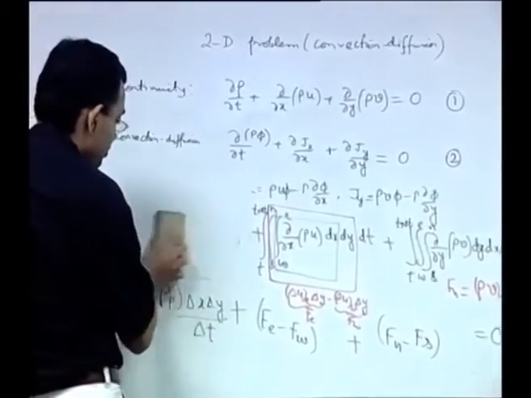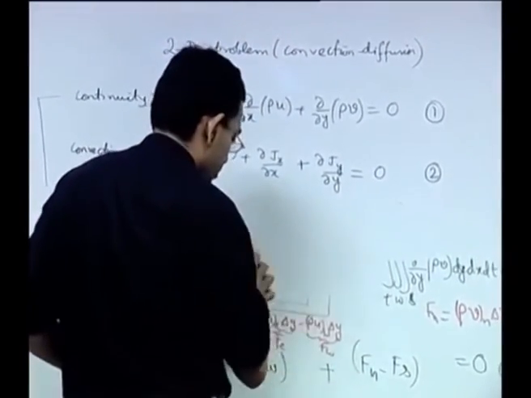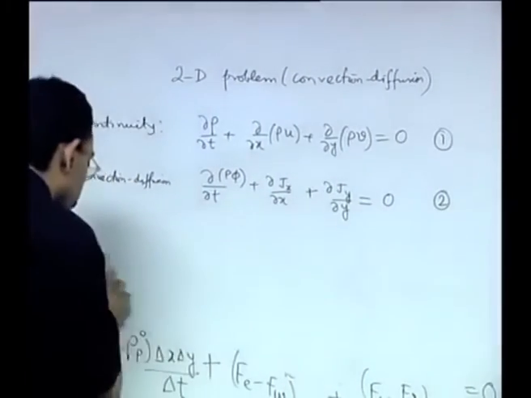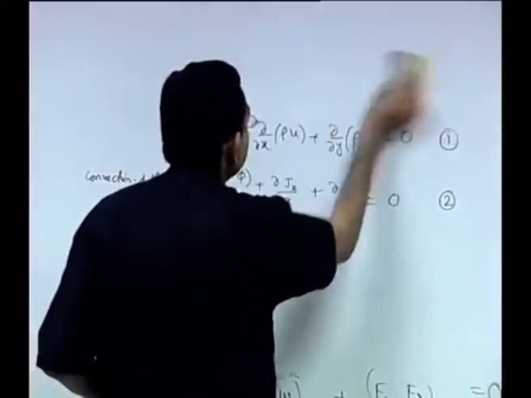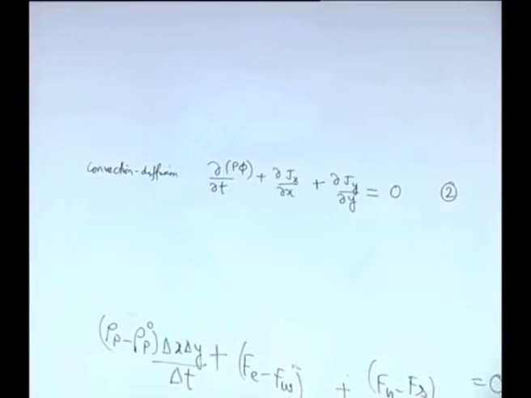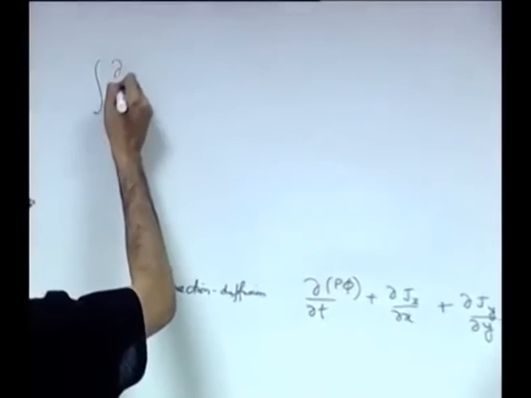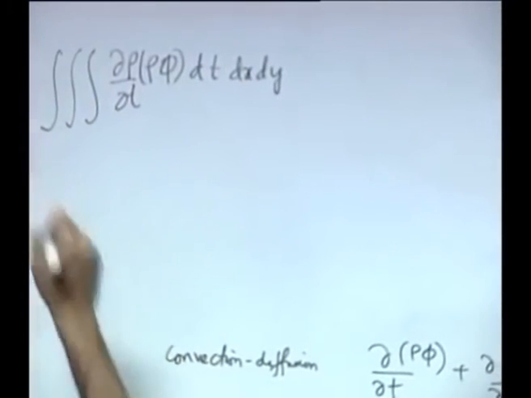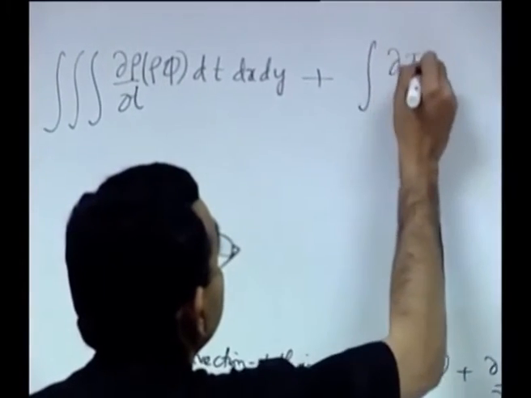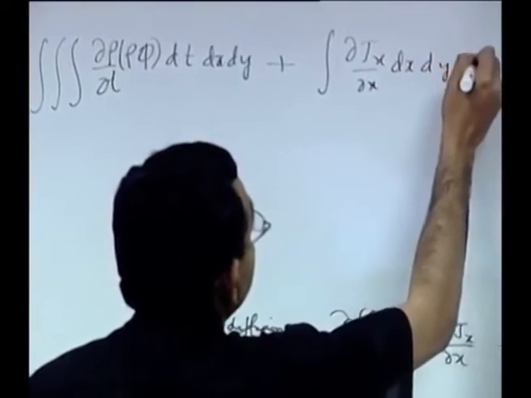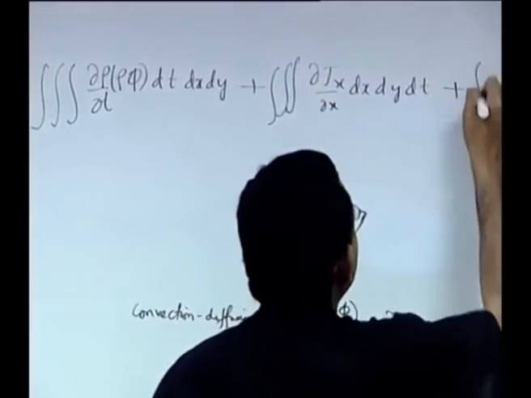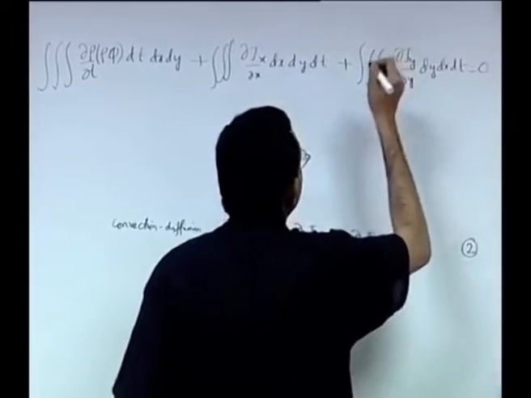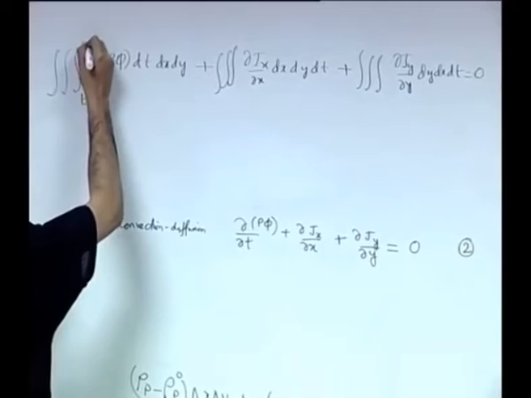Now, with this equation in mind, which we call equation 3, we will now discretize the convection diffusion equation, that is equation number 2. So what we do, we integrate dt dx dy, and let us put the various limits of integration, t to t plus delta t.